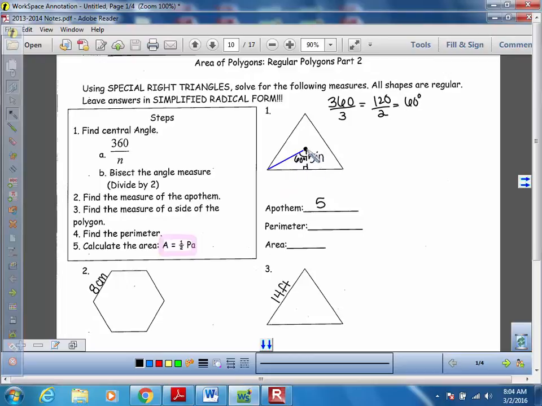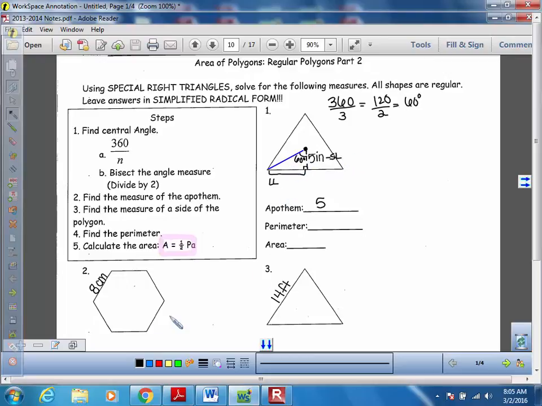Now that I'm looking at this right triangle, I have a 60 and a 90, which means this piece is 30. So it is a 30, 60, 90 triangle. So in order to solve for the side, this piece right here, I know that this piece is going to be my long leg. The apothem is my short leg because it's across from the 30. And I don't really need my hypotenuse.